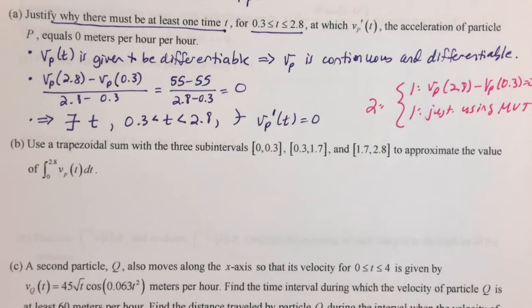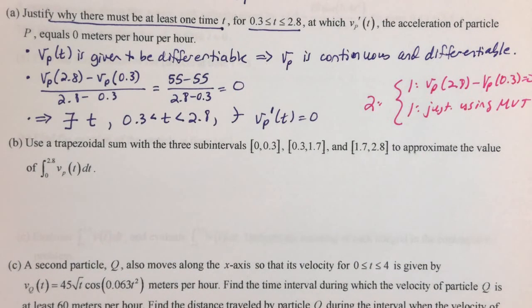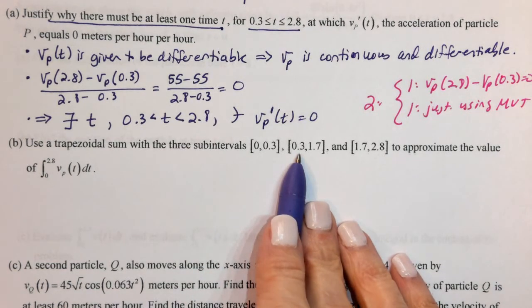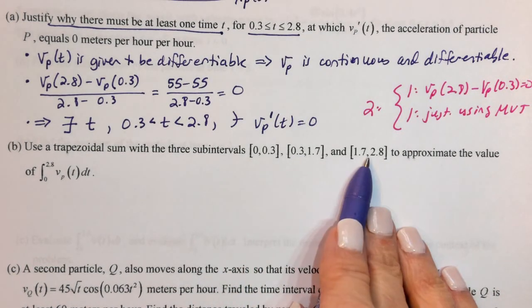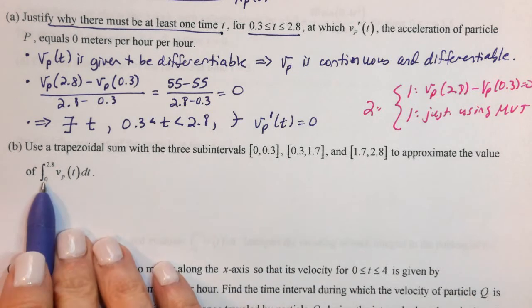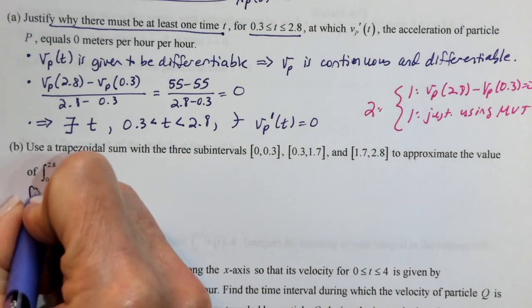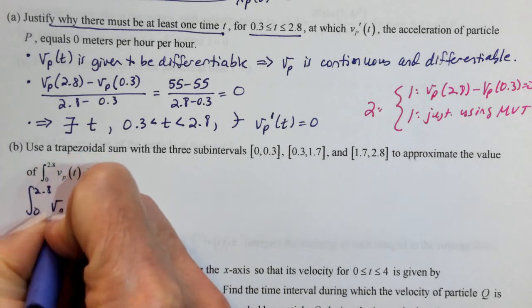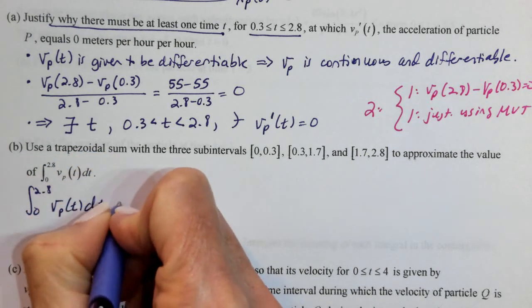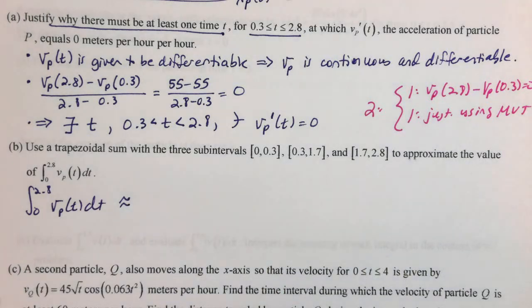Alrighty, part B. Use the trapezoidal sum with 3 subintervals, and they give me the subintervals, to approximate the value of this integral. Okay, well, trapezoidal sum does approximate the value of just the integral, so I don't have to multiply by anything else.